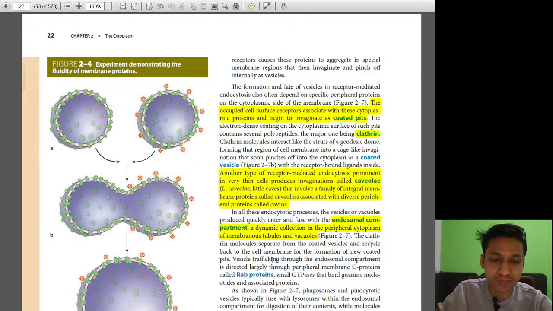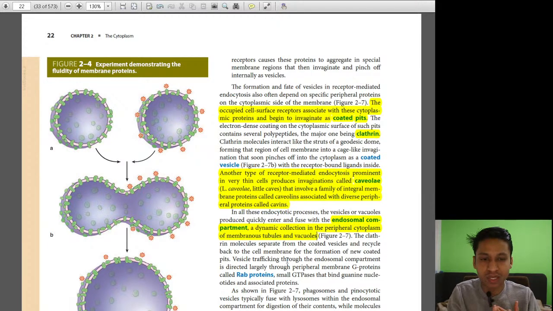But vesicle trafficking that happens at this compartment is directed largely through a G protein called Rab protein. So this compartment of vesicles is directed by Rab protein. It's a small GTPase. Whenever in biology we see ase, lactase, protease, GTPase, these are the molecules that cleave.